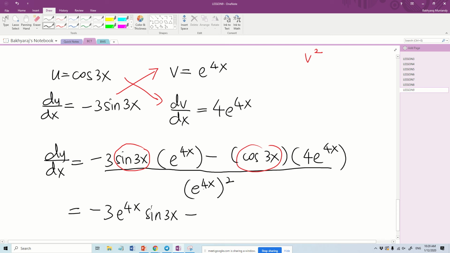Minus again, this one 4 e^4x cos 3x, divided by, yeah, correct, e^4x power of 2.